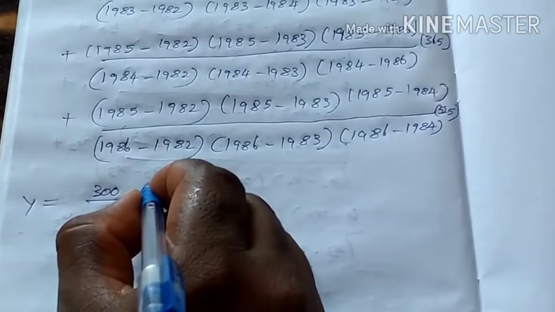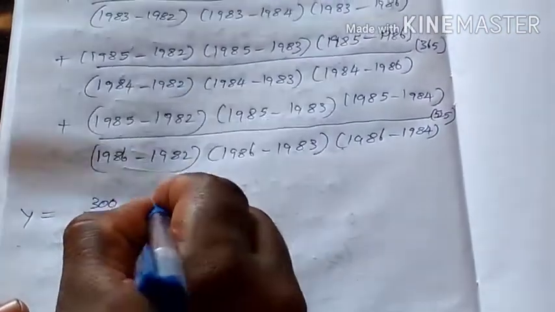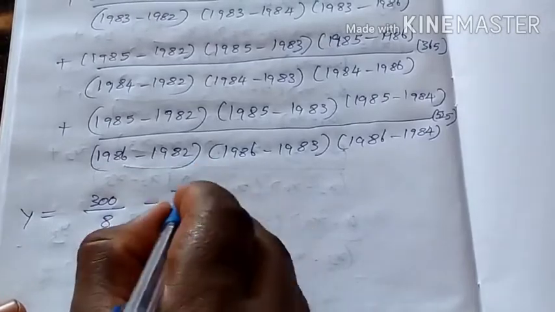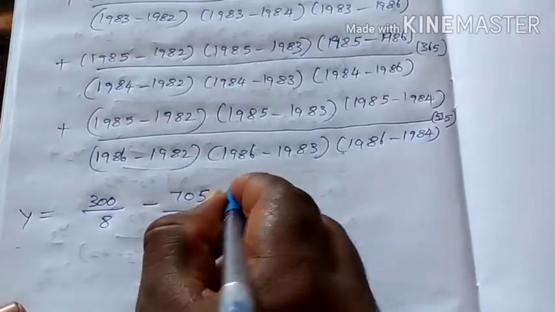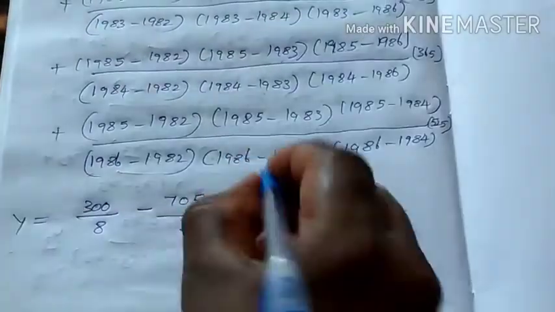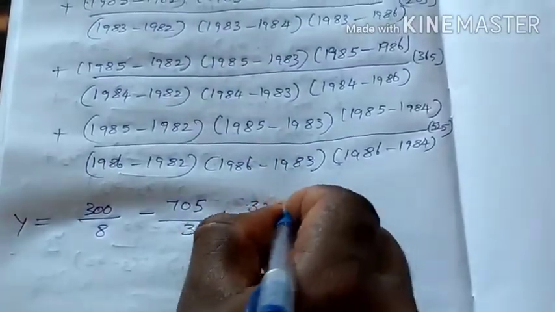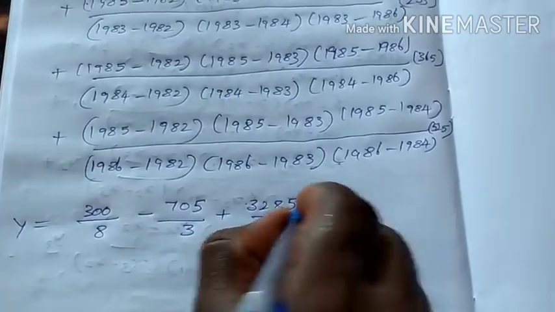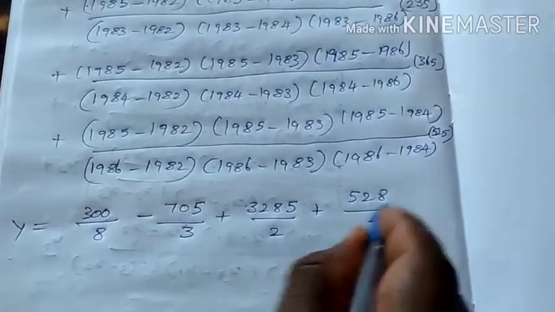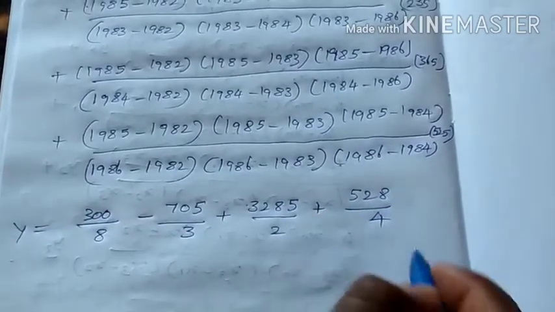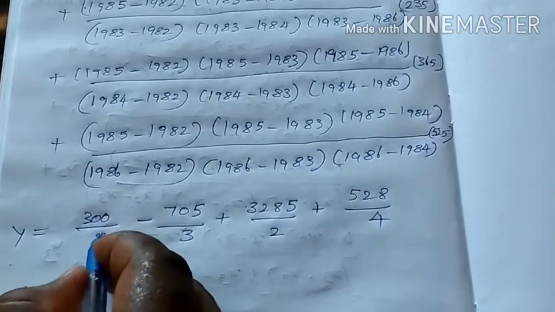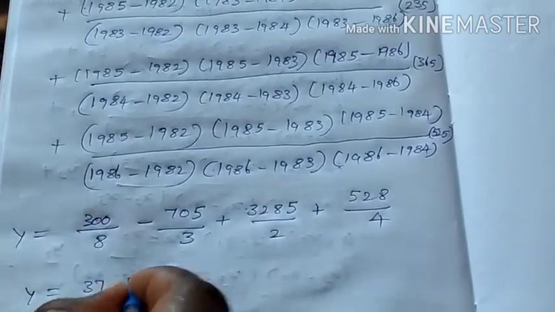The next value is minus 705 divided by 3. Then the next value is 3285 divided by 2, plus 528 divided by 4. The first value, 300 divided by 8, is 37.5.